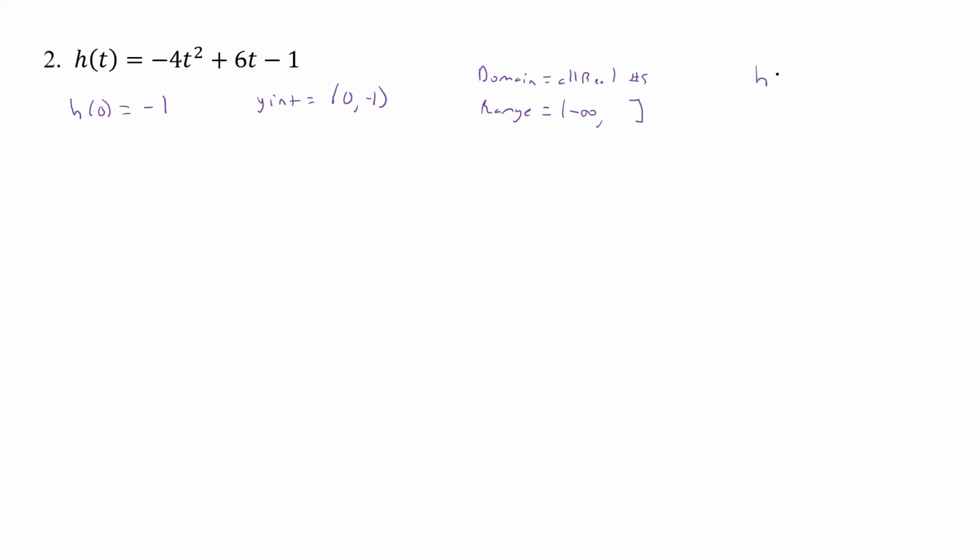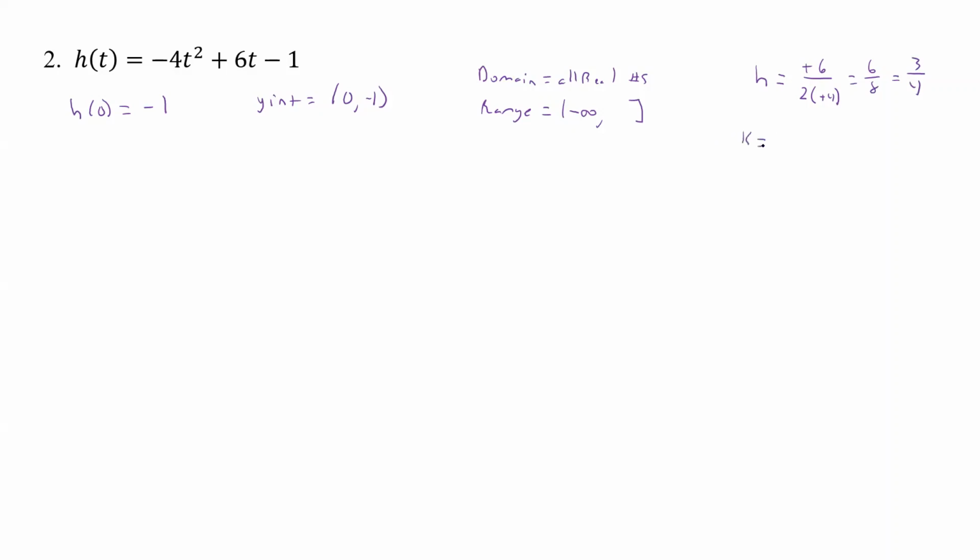And so h is equal to, well, we have a minus 6 over 2 times a minus 4. Well, the minus and the minus cancel, so that's going to give us a positive. And 6 over 8, so that's going to be 3 over 4. So that's our h, 3/4. Now we need to find what h of 3/4 is.